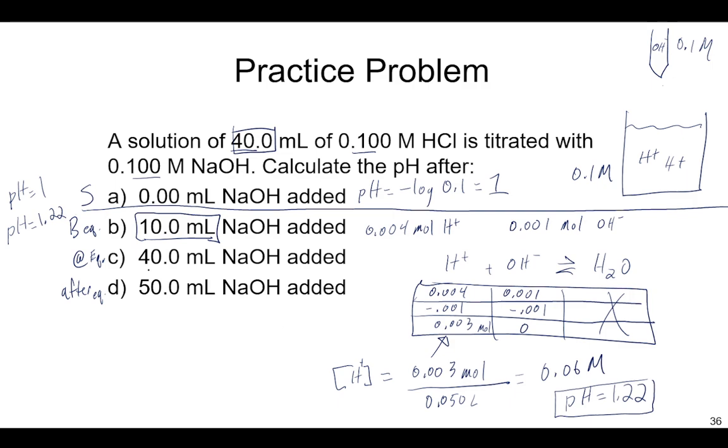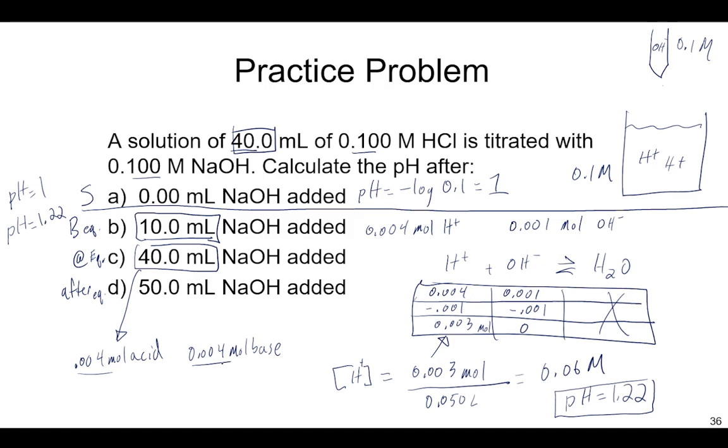Part C, moles of acid, still 40 mils, 0.1. Moles base, now it's 40 mils of 0.1. That is also going to give me 0.004. And, oh, alarm bells are going off.